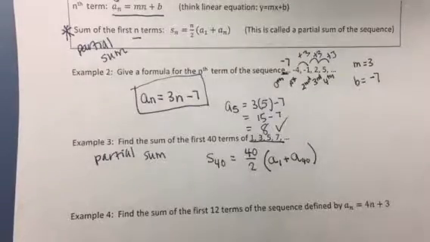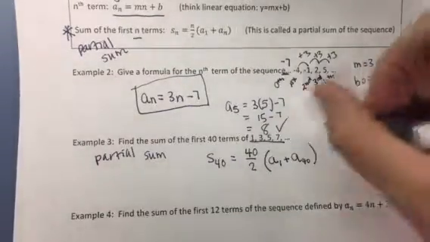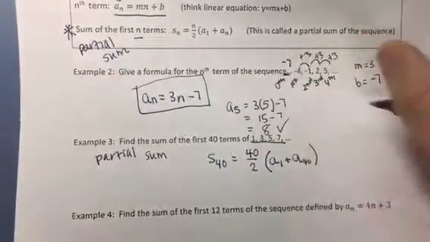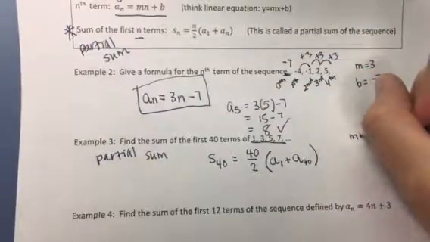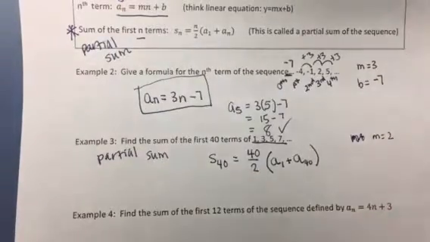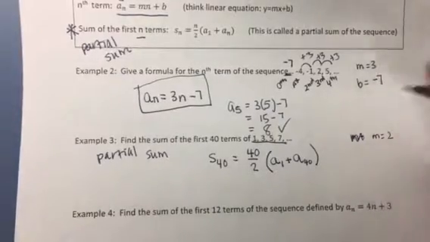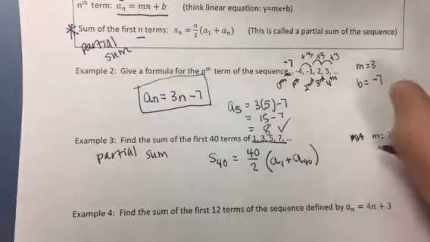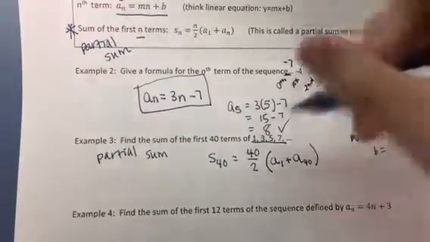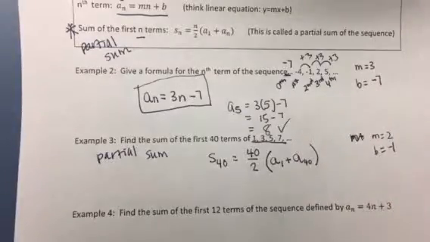So if we go 1, 3, 5, 7, I know my change: I'm adding 2 each time. So my m value is plus 2. My 0th term would have to be -1. I would work backwards: 1 minus 2 is -1.